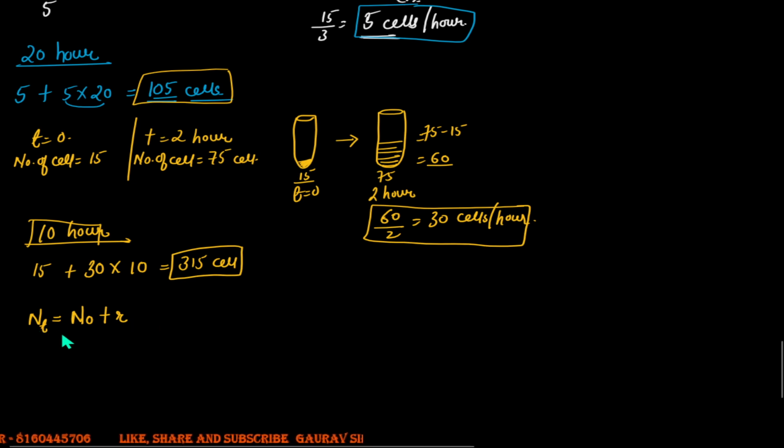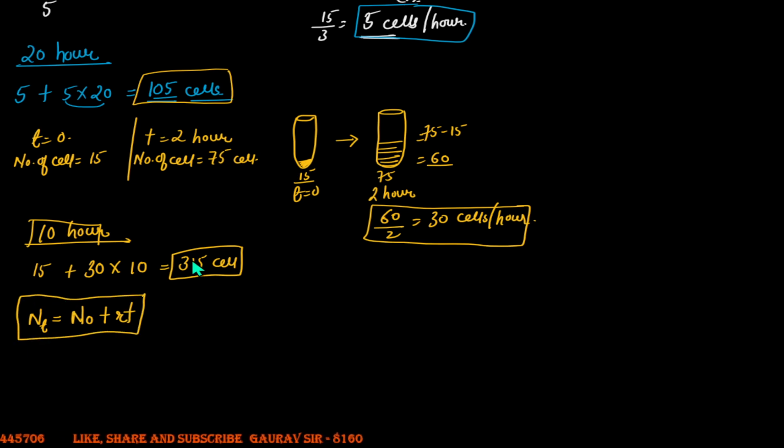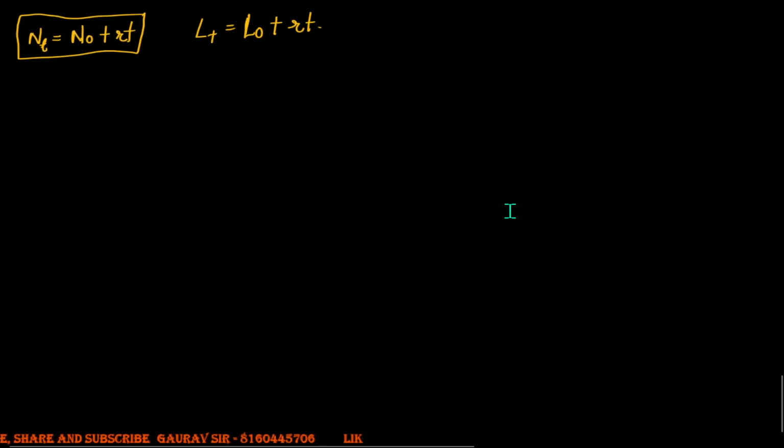So Nt is equal to N0 plus Rt. This is the mathematical relation for arithmetic growth. Instead of Nt, if you follow your book, the book says Lt is equal to L0 plus R into t.